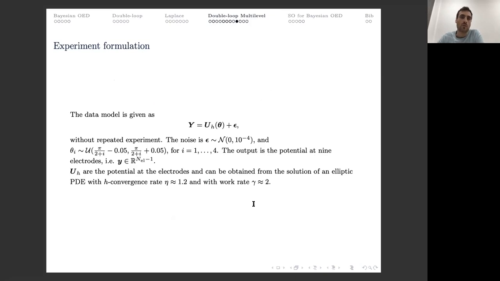So this is the problem definition. Basically, we put a prior knowledge on these theta, which are uniform. So we assume that they vary uniformly. And the errors are Gaussians, as we said before, with variance here 10 to the -4.